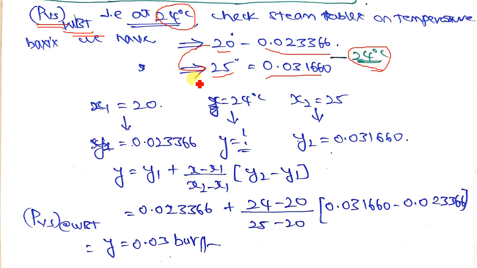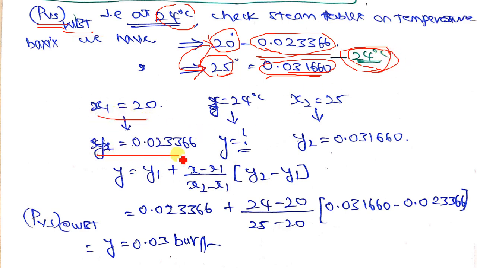So use the interpolation method. This becomes your x1 value, this becomes your x2, this becomes your y1, and this becomes your y2. This is the x at which you need to calculate y. So x1 is 20, for which y1 is 0.02366 from steam tables, x2 is 25, for which y2 is 0.03166, and your intermediate temperature is 24 degrees Celsius, for which you have to calculate the y value.